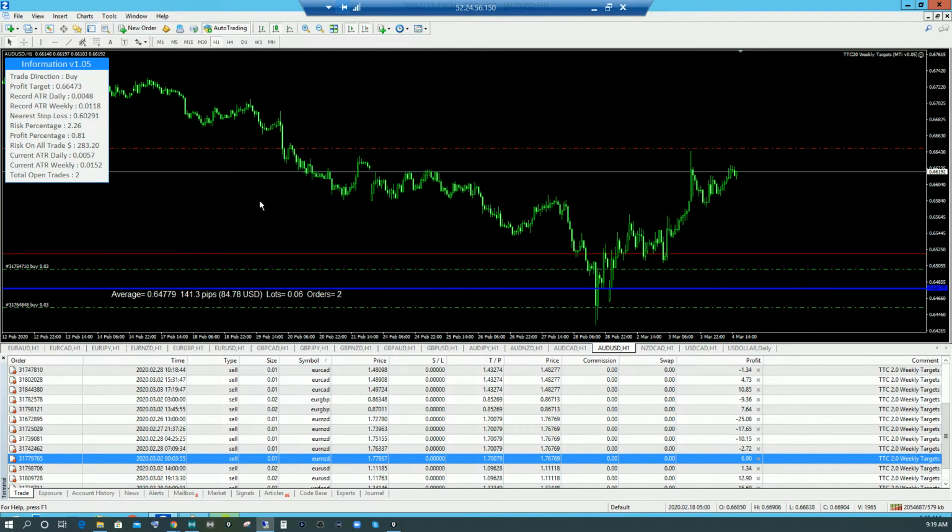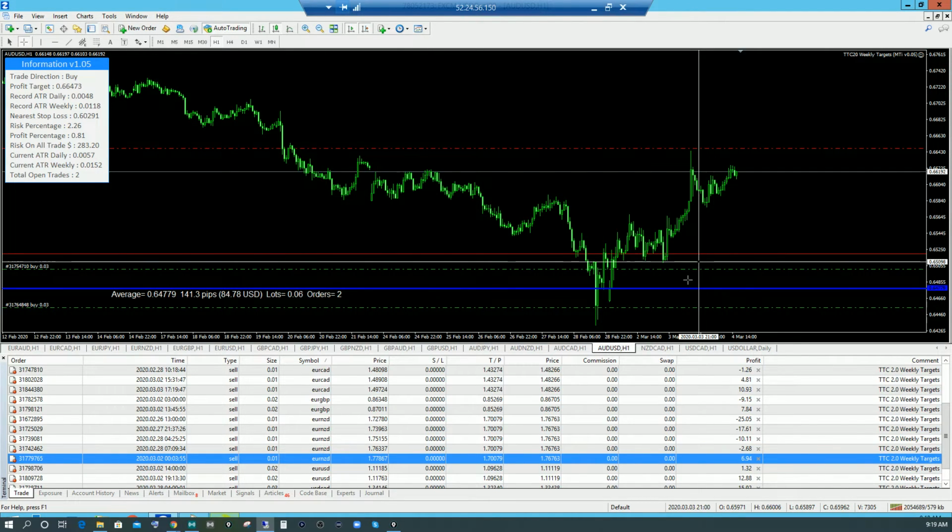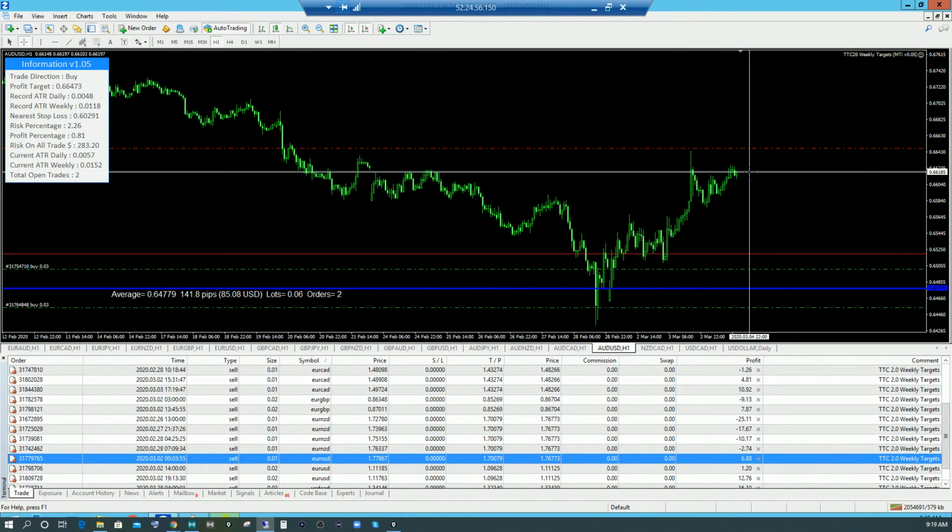We're up 143 pips in multiple positions, so we're actually up right here from where it's trading right now. You can see that we're up 118 and 160. So that's around, call it, 280, 285. So we're up about 285 pips.